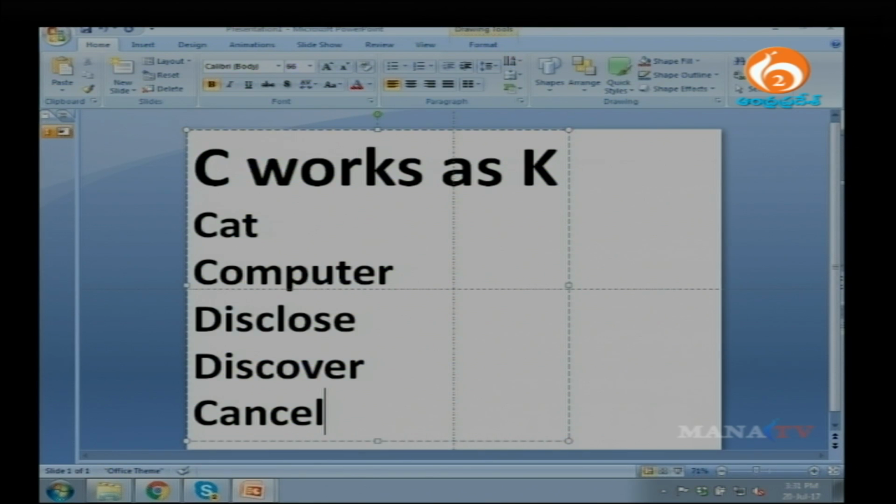So in all these words you have the letter C, but it works as K, as in cat, as in computer. But the C carries the function of K. Another word, cover.